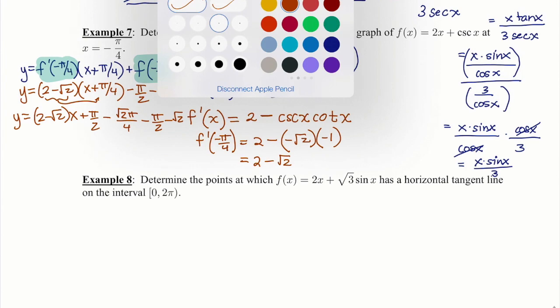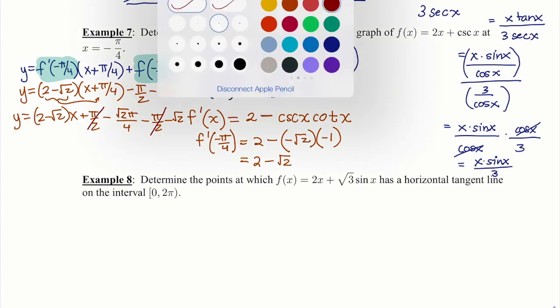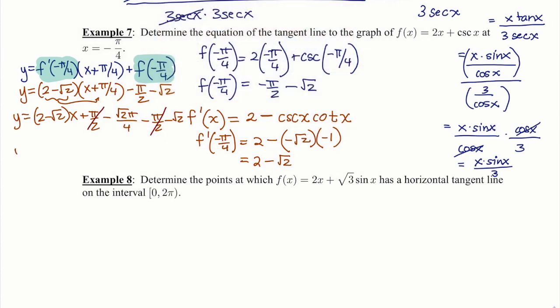And so it's not that much cleaner, but I can see I have a plus pi over 2 and a minus pi over 2. So I could rewrite this as y equals 2 minus square root of 2 times x, and then minus square root of 2 pi over 4 minus square root of 2. That's a little cleaner, I guess. Either one of those would be perfectly fine on a quiz or a test.